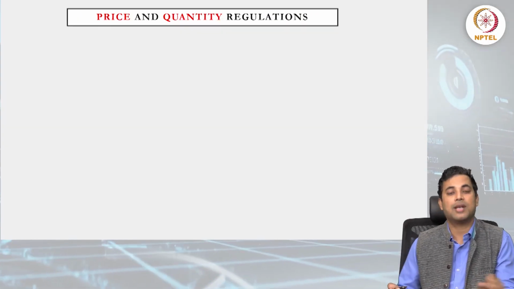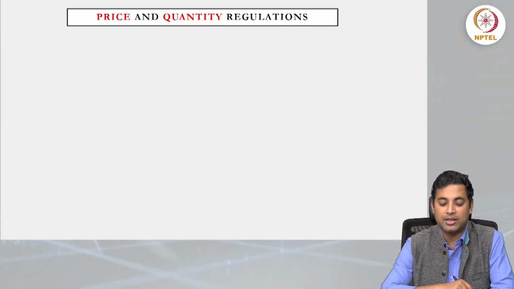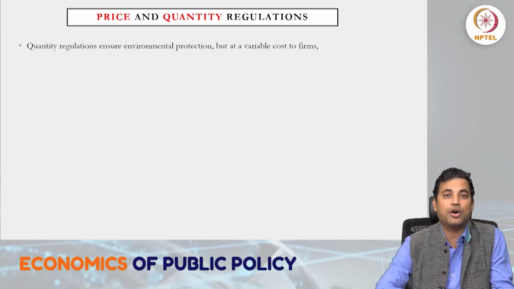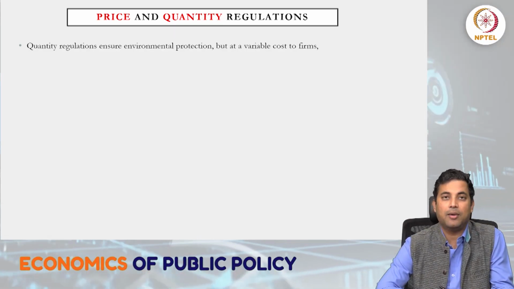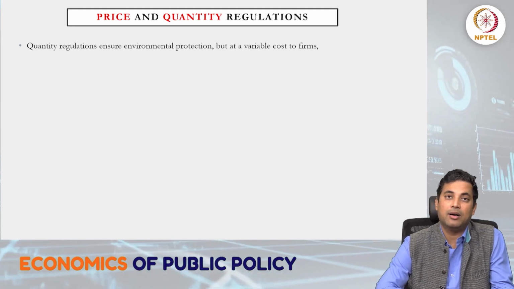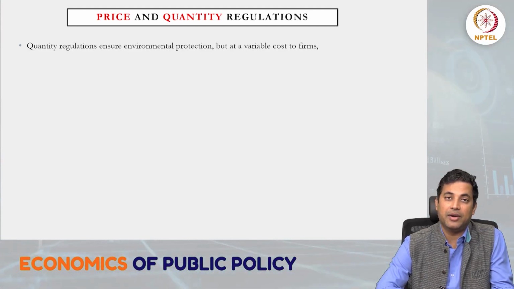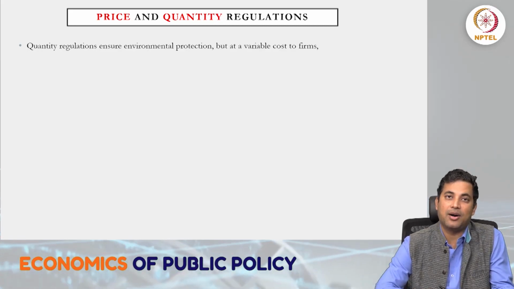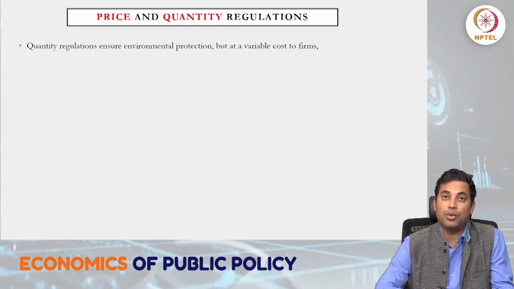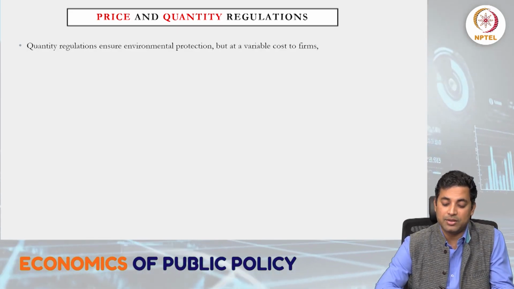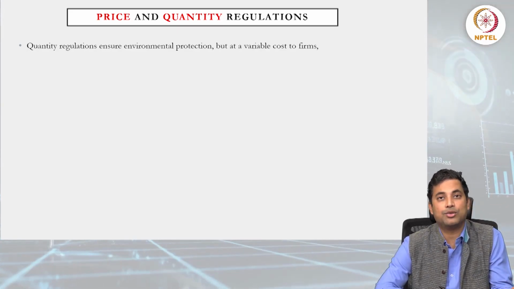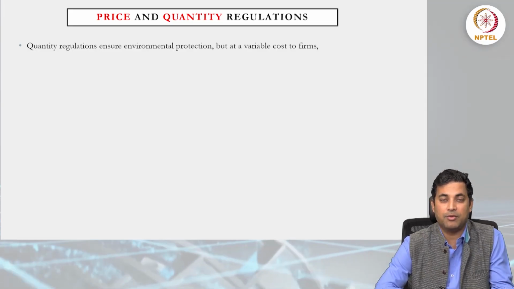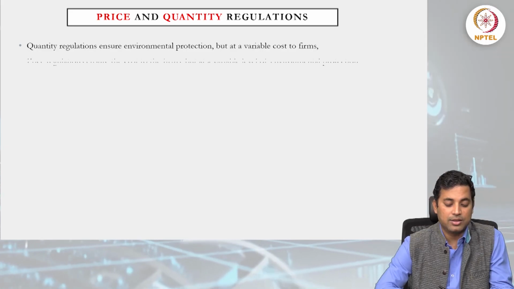So just to sum up, from the price and quantity regulations point of view: quantity regulations ensure environmental protection with the mandated pollution reduction level. In these two extreme cases, it is R1 and P1 level of pollution, but at a variable cost to the farm. Obviously farms will have much higher cost; the farm has to bear the cost.